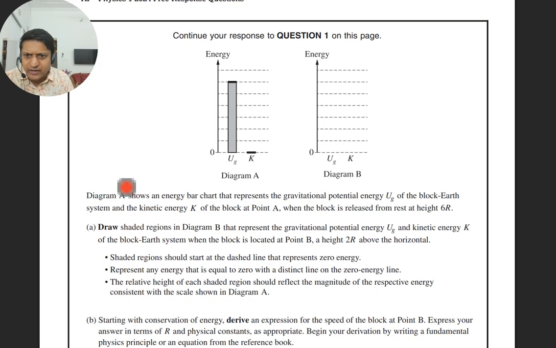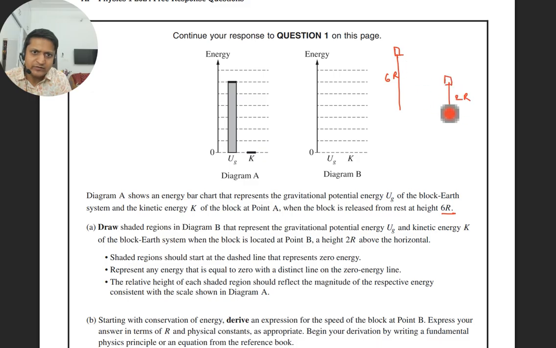Diagram A shows an energy bar chart that represents the gravitational potential energy of the block-Earth system and kinetic energy K of the block at point A when the block is released from rest at 6r. So you understand that here the distance was 6r and the block was here, and after that there was 2r.